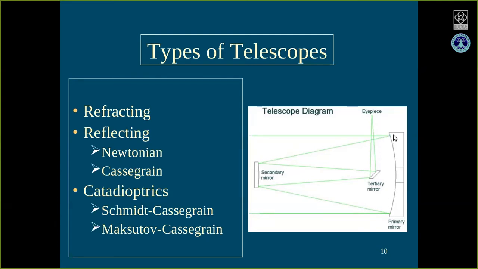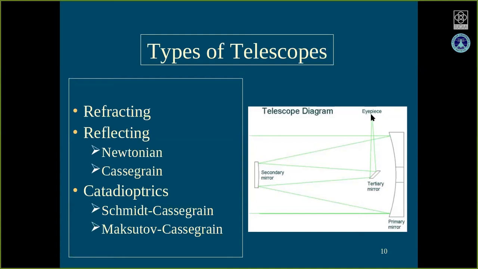After that, the primary mirror reflects those rays back, and they are incident on the secondary mirror. And when the secondary mirror reflects those rays back, you may put one tertiary mirror, and then they will be reflected by the tertiary mirror.